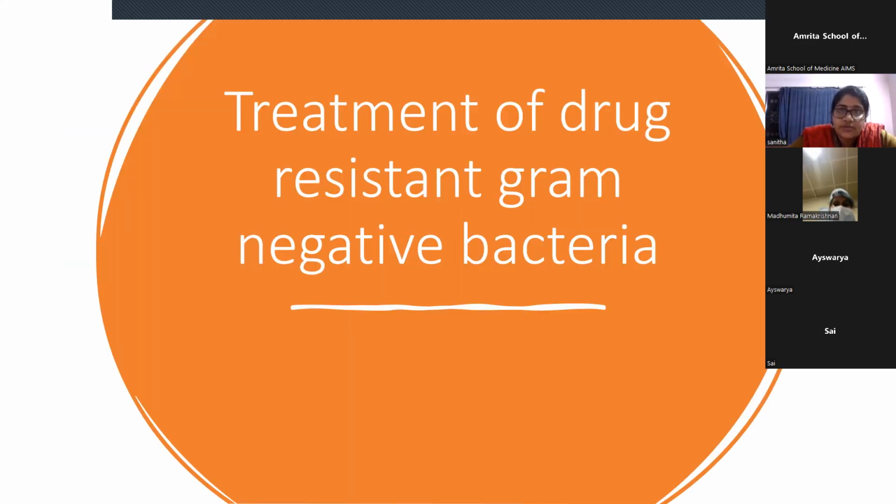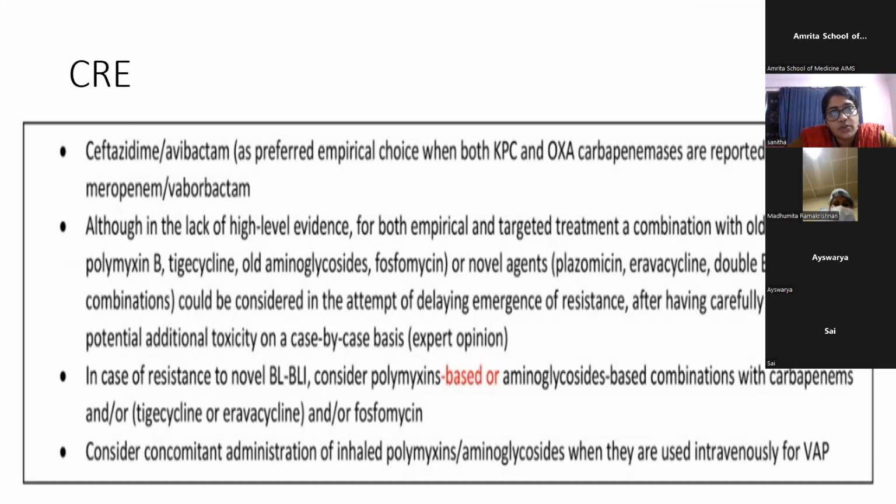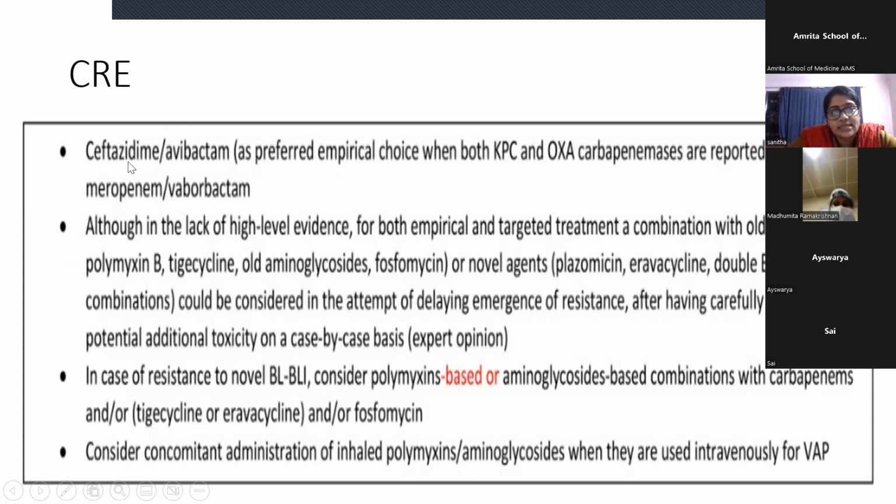Then coming to the treatment of drug-resistant gram-negative bacteria, what we advocate is combination therapy. So the preferred empirical choice for carbapenem-resistant Enterobacteriaceae is ceftazidime avibactam or meropenem vaborbactam combination therapy. So this is preferred, especially when there is evidence for Klebsiella pneumoniae carbapenemase or oxacillinase reported locally, or otherwise we can go for old drug, novel drug combination.